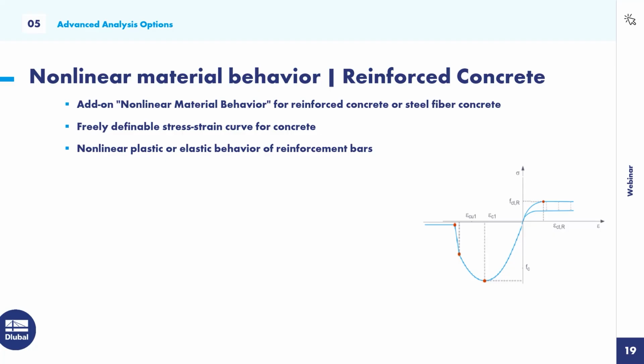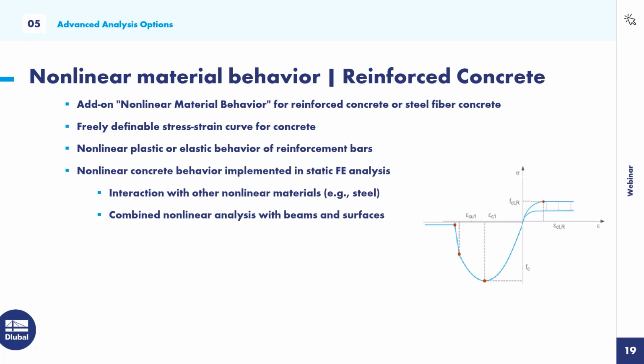Very good behavior for some load history which we need is that we are now able to consider also the nonlinear plastic behavior of reinforcement bars. In RFEM 6, it is now really possible to have a load history.